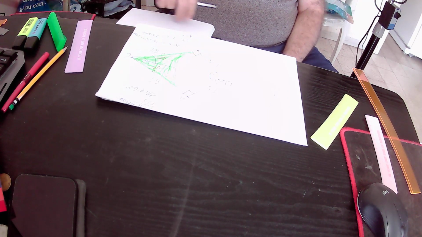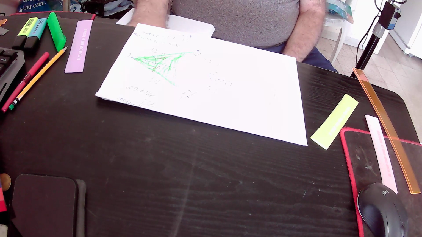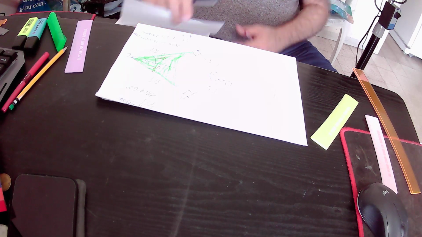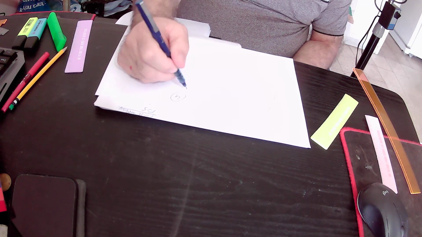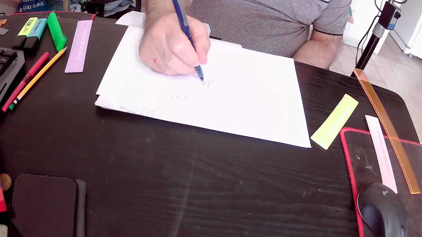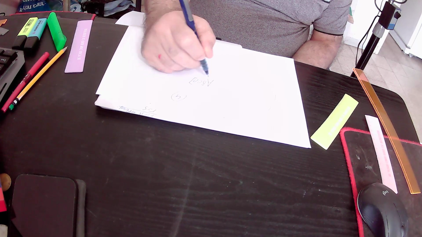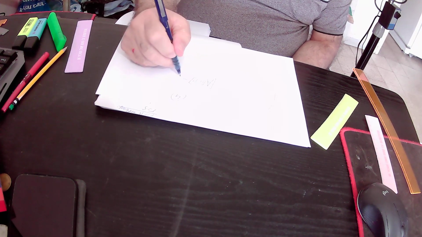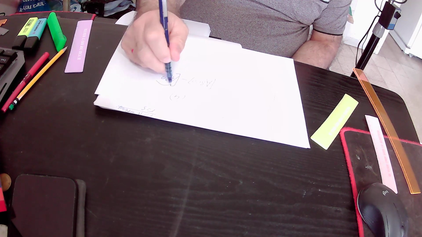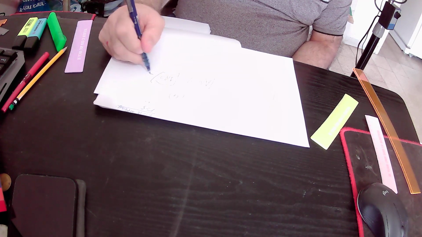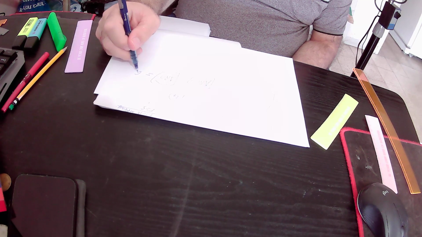So I write it down: the area of quadrilateral ABCO minus the area of sector ABO equals the area of the green shape.